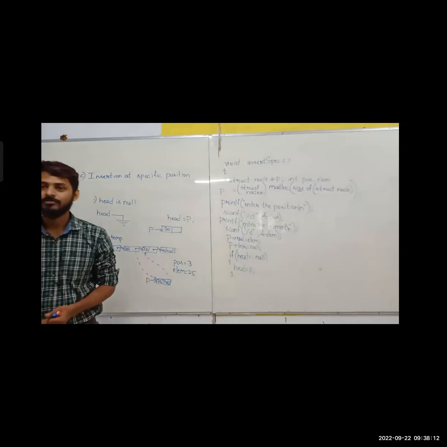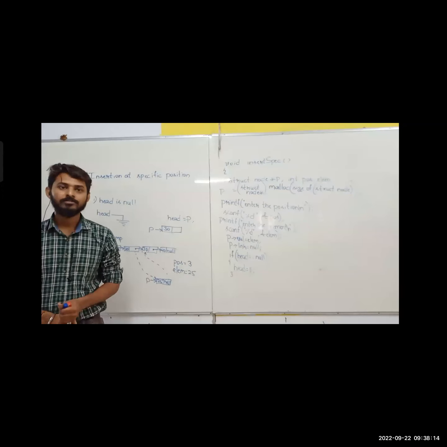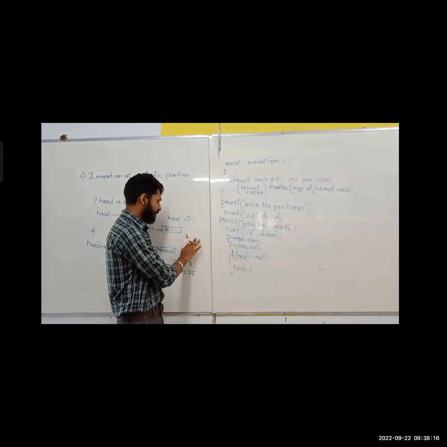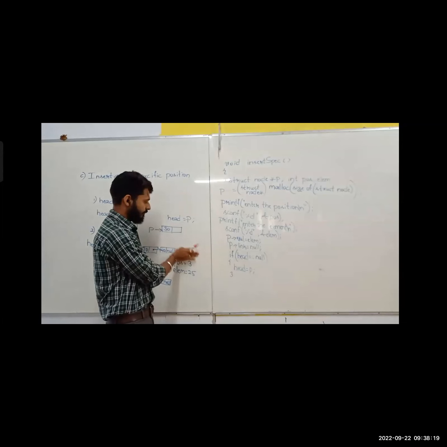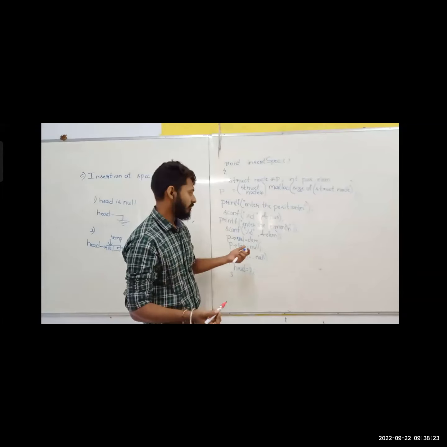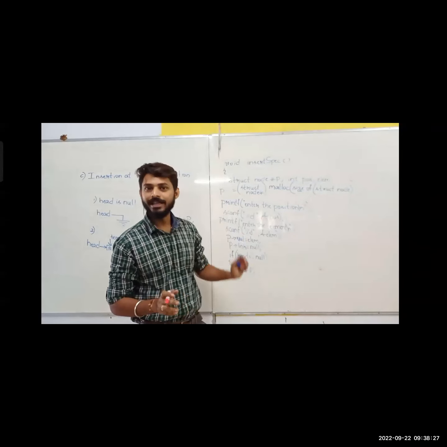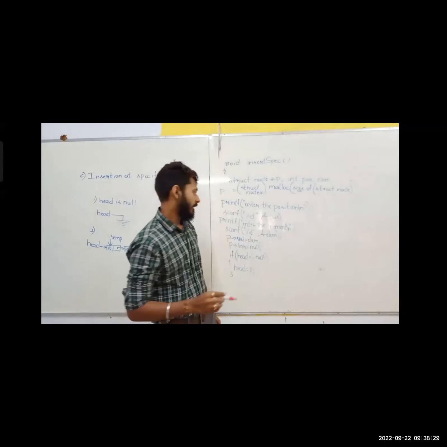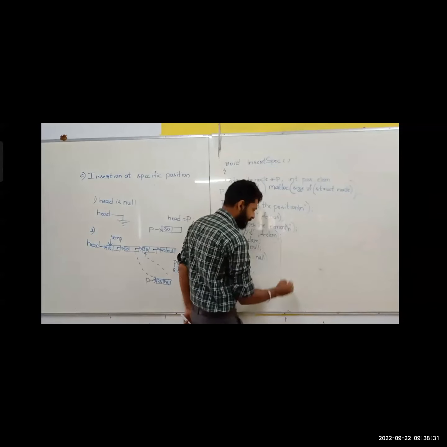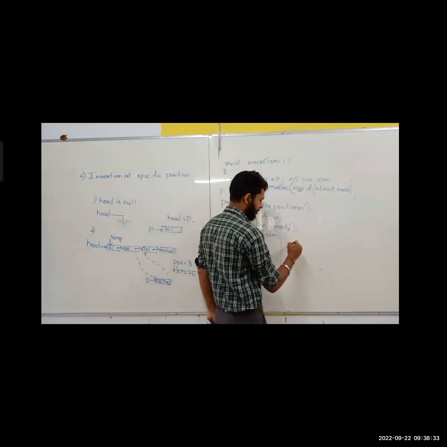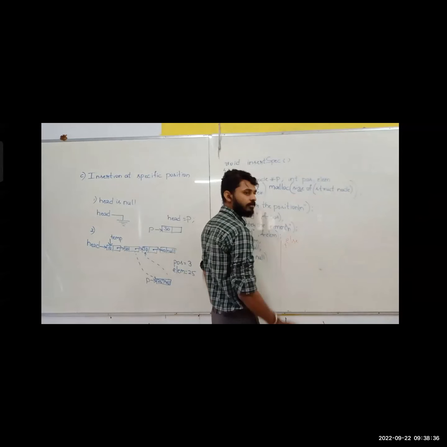The major part which I didn't discuss yesterday is the else part. In today's program, the major changes are one is position, second one is the else part. So here I will be writing the else part because of lack of space. Else. First thing, what I should do?